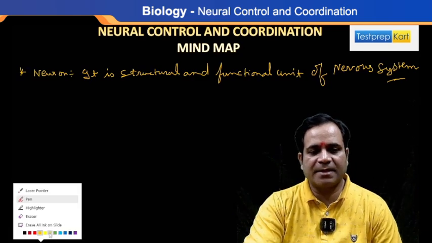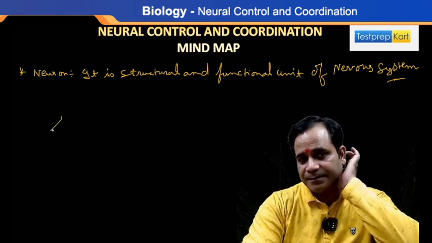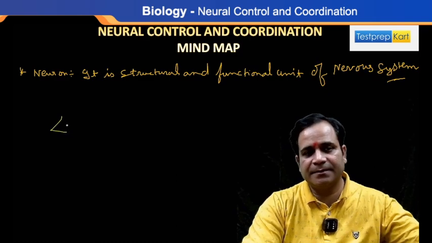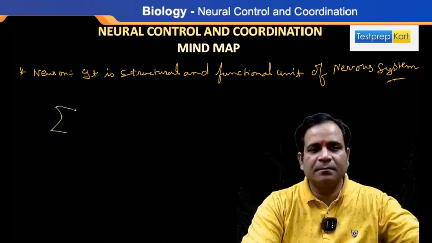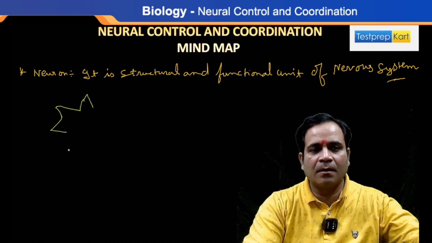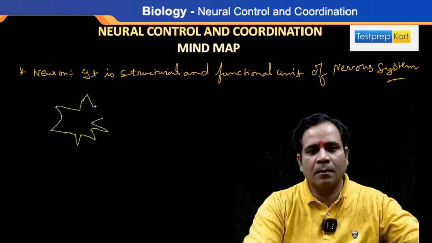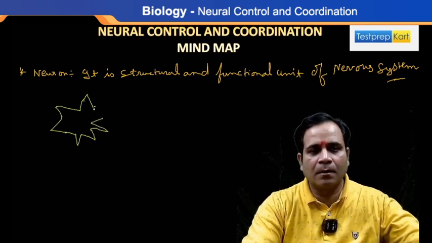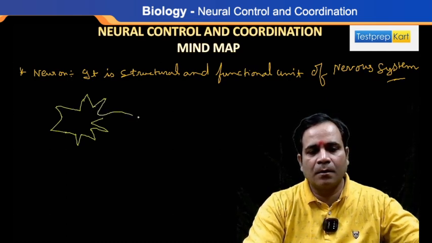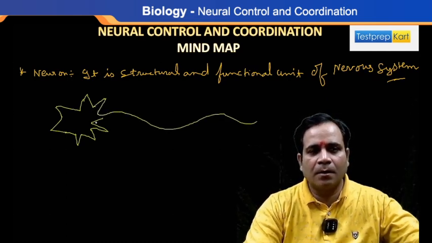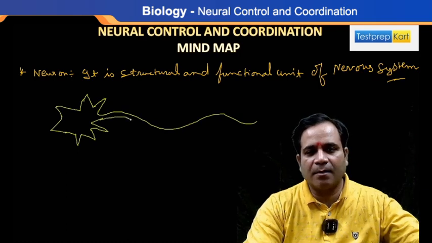Now the question is, sir, just make a diagram of the neuron, then afterwards we will understand. Okay, let's see. This one is the diagram of the neuron.